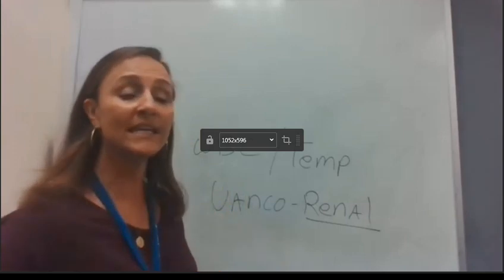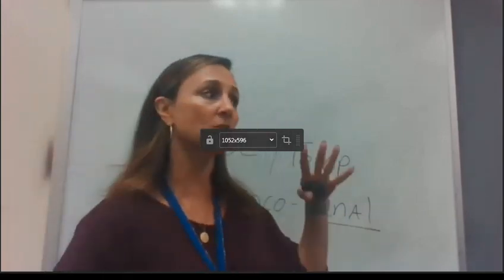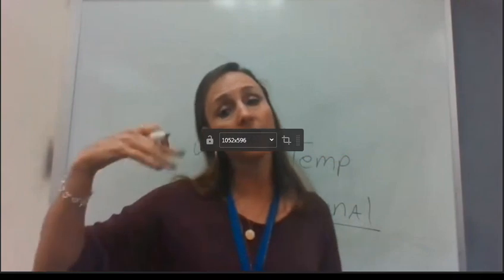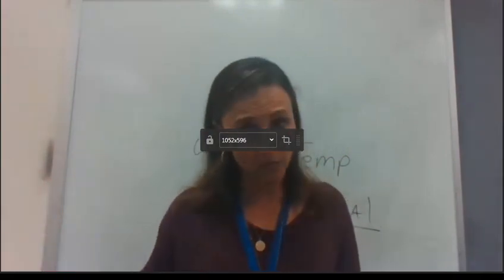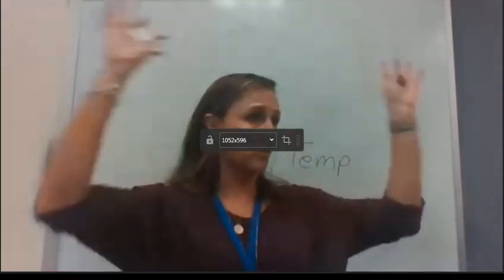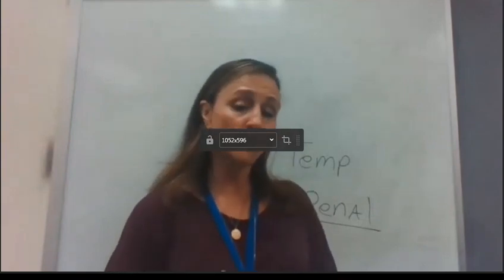So we need to be looking at Venco. They could do what's called a Venco trough, or something called a random Venco. A random Venco is just where is it at right now. A Venco trough means where is it at its lowest level.